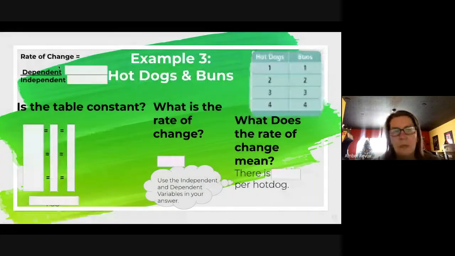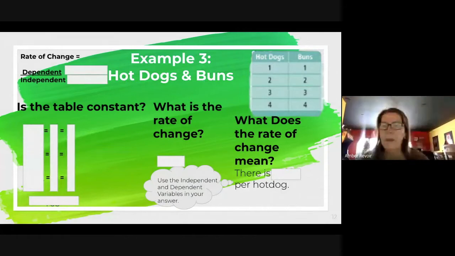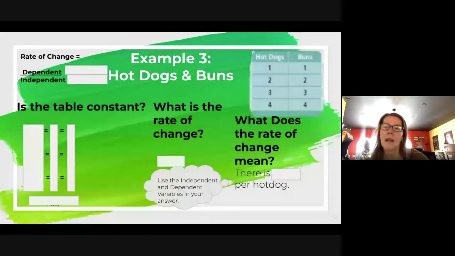Rate of change here, we're comparing hot dogs to buns. When you go to make hot dogs, you pick out how many hot dogs you're going to make, and then you make sure you have enough buns to put those hot dogs into. Generally, you don't buy a bunch of buns and then say, I need to get the right amount of hot dogs for the buns I have.